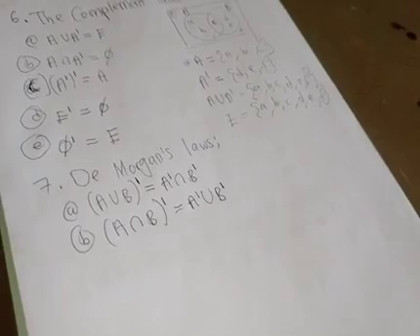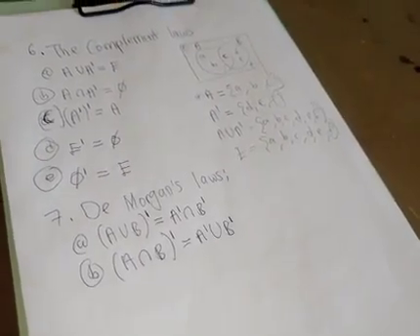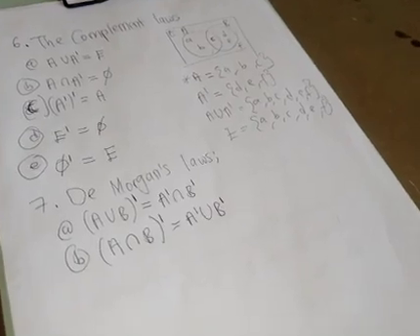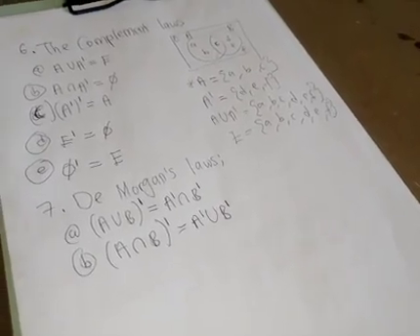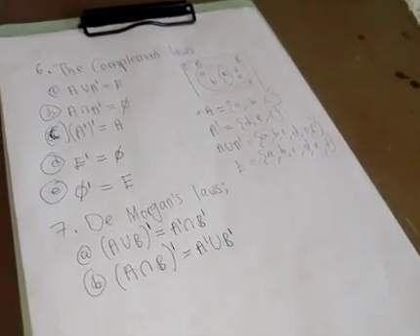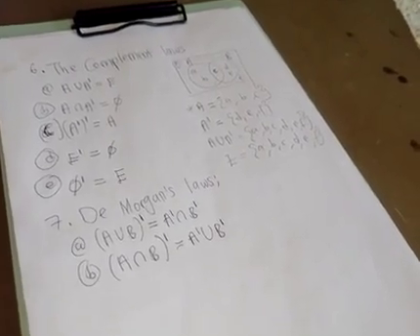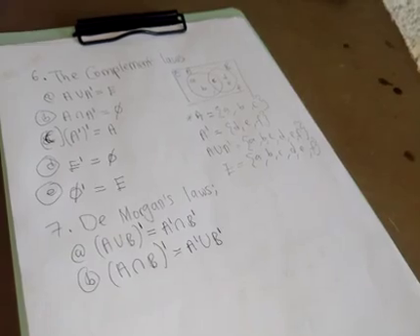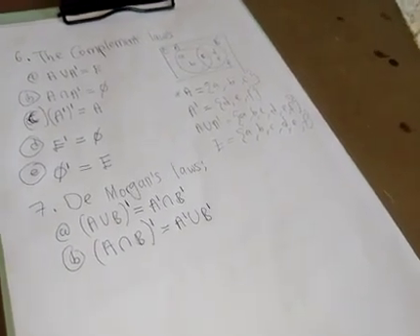Okay, so these are the common set laws you should master. Make sure you master these common set laws before we start solving the questions. Go through them, study them, master them, so that when solving questions it becomes very easy.